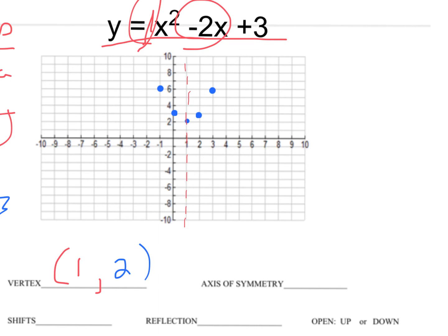Alright, so now let's draw our parabola in. Like so. Okay, so there's our parabola.